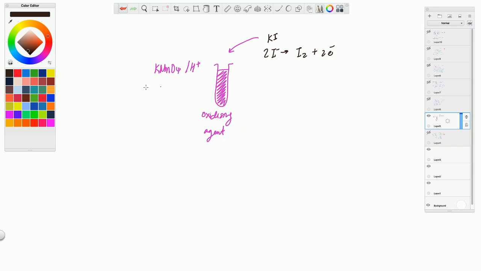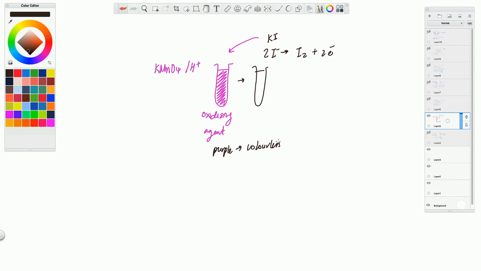The potassium manganate changes from purple to colorless. Okay, so that's one color test.